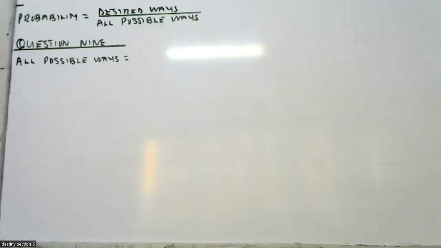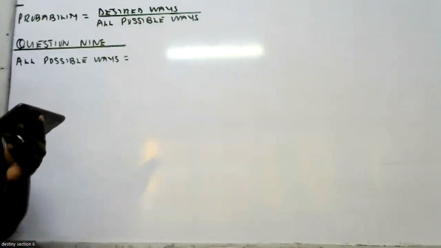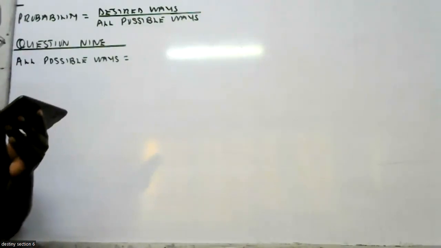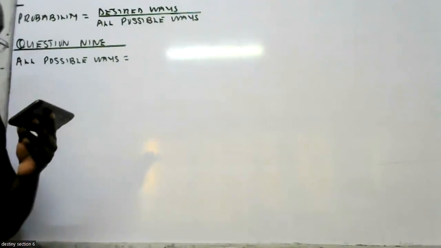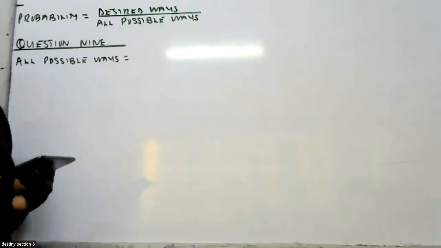All the possible ways is the number of persons. We have 4 guys. A committee of 4 is to be appointed from 3, 6, 2, and 1.